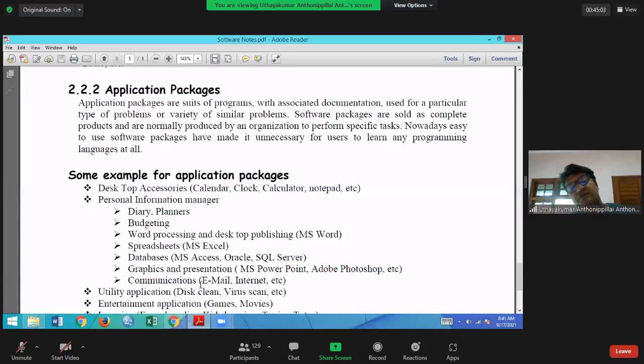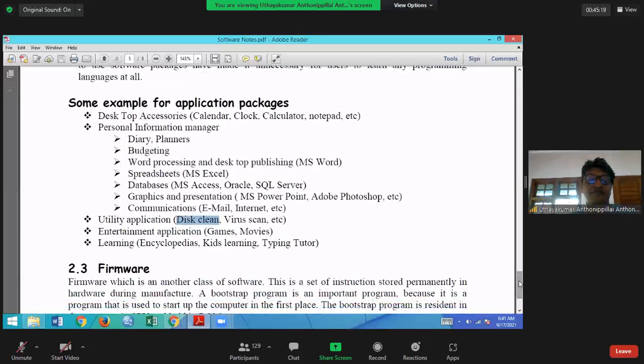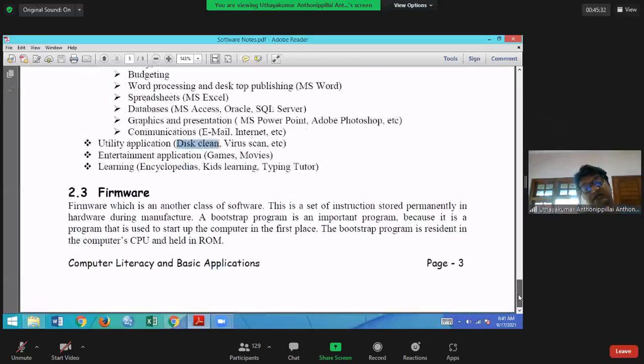Communication applications are email, internet, and so on. Utility applications are disk cleanup, virus scan. Entertainment applications, say games and movies, learning, encyclopedia, kids learning, typing tutor. These are very helpful to guide us, right?